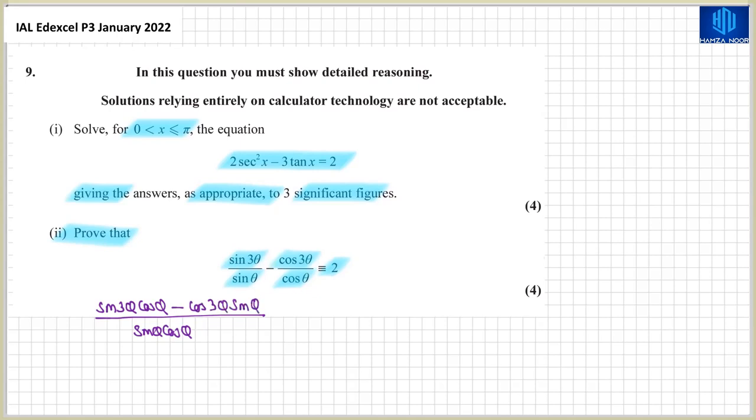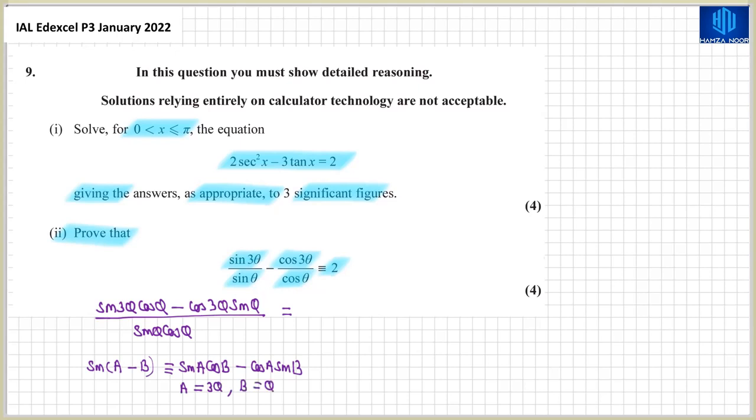Now in the numerator, you can identify that you have an expanded form of sin(A minus B). As you know, when you expand sin(A minus B), you get sin A cos B minus cos A sin B. So you can immediately identify that A is 3θ and B is θ.